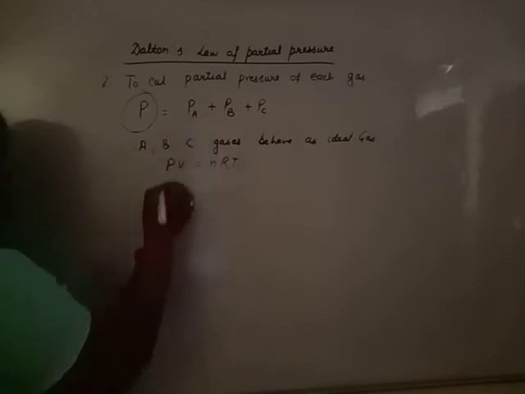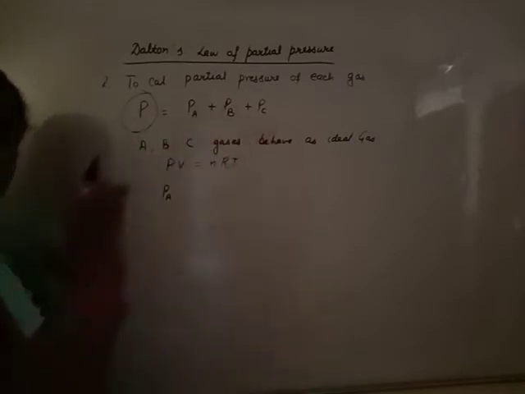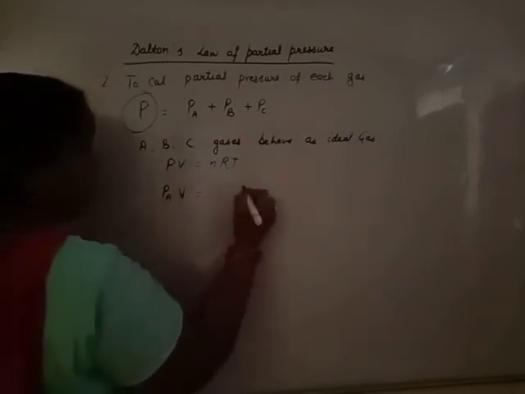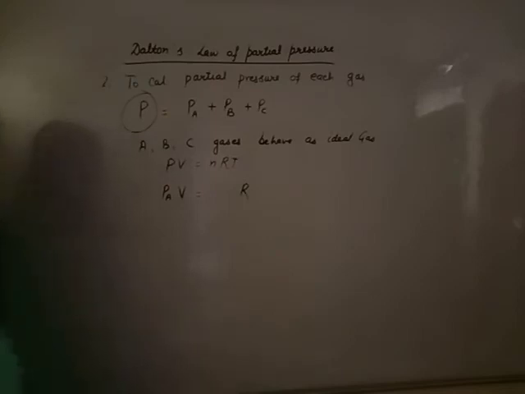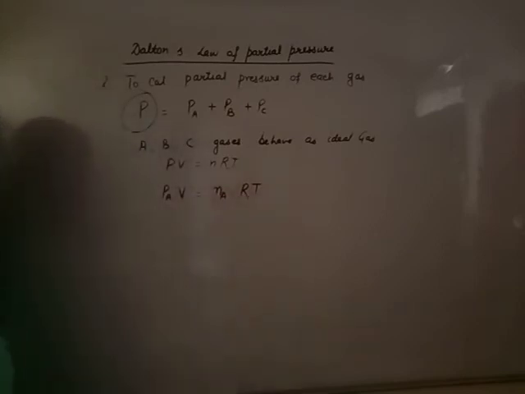We want to calculate the partial pressure of A gas. All are in the same vessel, so volume remains constant. R is the universal gas constant. In the same vessel, temperature is also constant. Only the number of moles of the gas will change.